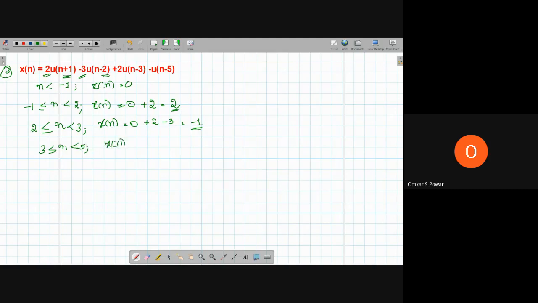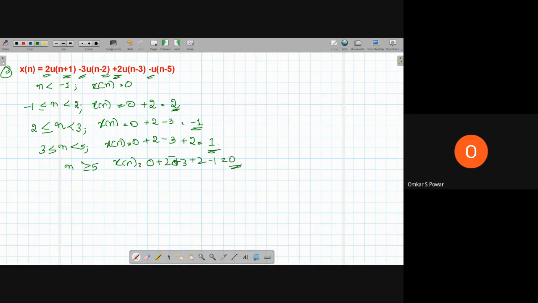What is the value of x of n? 0 plus 2 minus 3 and plus 2. So what is the value? 1. So n is greater than or equal to 5. X of n is equal to 0 plus 2 plus minus 3 plus 2 and minus 1, which is equal to 0.